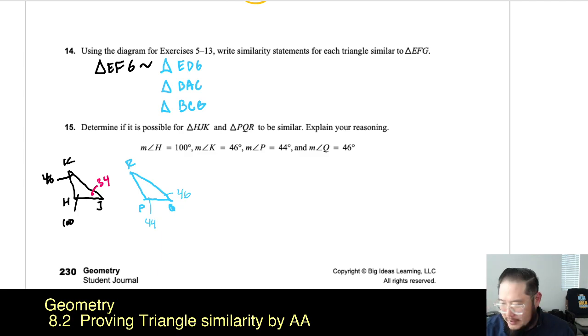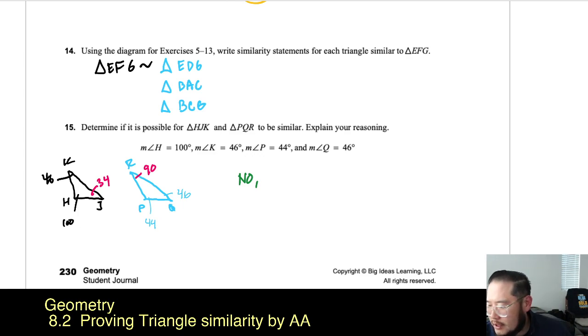If I look at the information that's given and plug things in, I don't see two angles that are congruent. I need two angles. So is it possible for us to determine that these triangles are similar? That's a big no, because we need angle similarity to determine whether two triangles are similar.